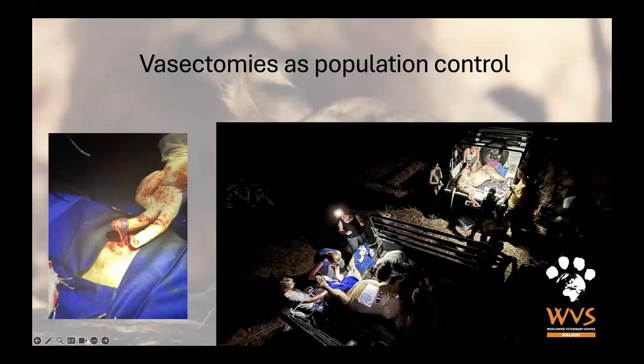You have a sterile field, and this lion is already prepared. You can see the covers on their head, the blindfold and earplugs, and the person doing the anesthetic monitoring gives the top-up intravenously every 20 minutes. So that is our field clinic for when we do vasectomies.